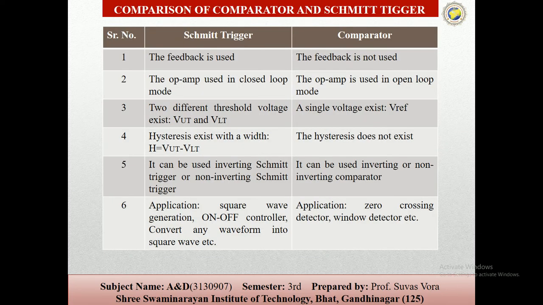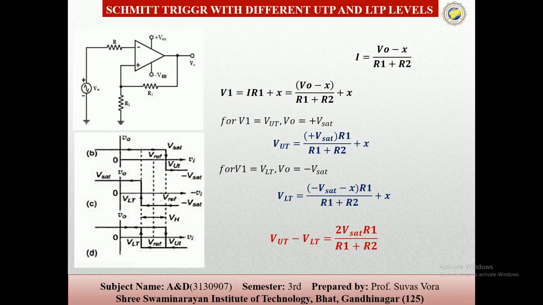Then we can see the comparison between the comparator and the Schmitt trigger. The Schmitt trigger has different UTP and LTP levels. You can see the figures, and you can apply KVL to the circuit. The final equation is 2 times V sat R1 upon R1 plus R2.